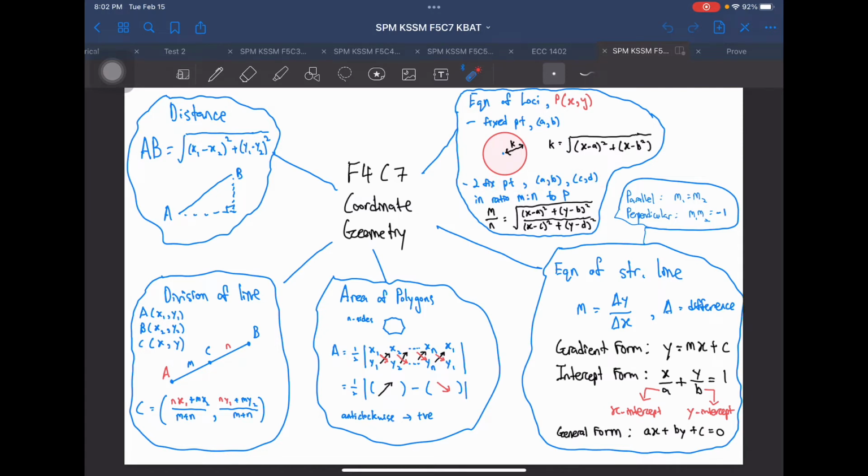So this is the ratio of m and n, and this is a formula, and let me teach you how to derive this. Actually, it's just using the distance formula twice, where you can see this m part with a and b is the same as the first equation, right?